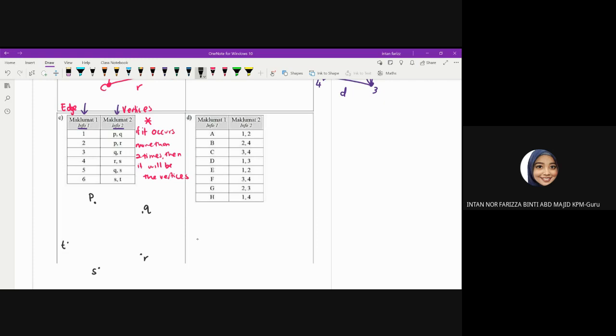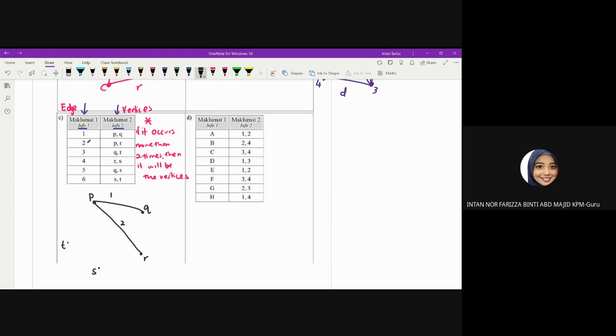Tapi this is slightly different tau. Bukan macam tadi. You look at PQ. PQ is this and this, right or not? Okay, so you draw a line, label it as H1. You see, very easy, right? Next, second one is PR. PR, this and this. So draw a line PR, the name of the H is 2.